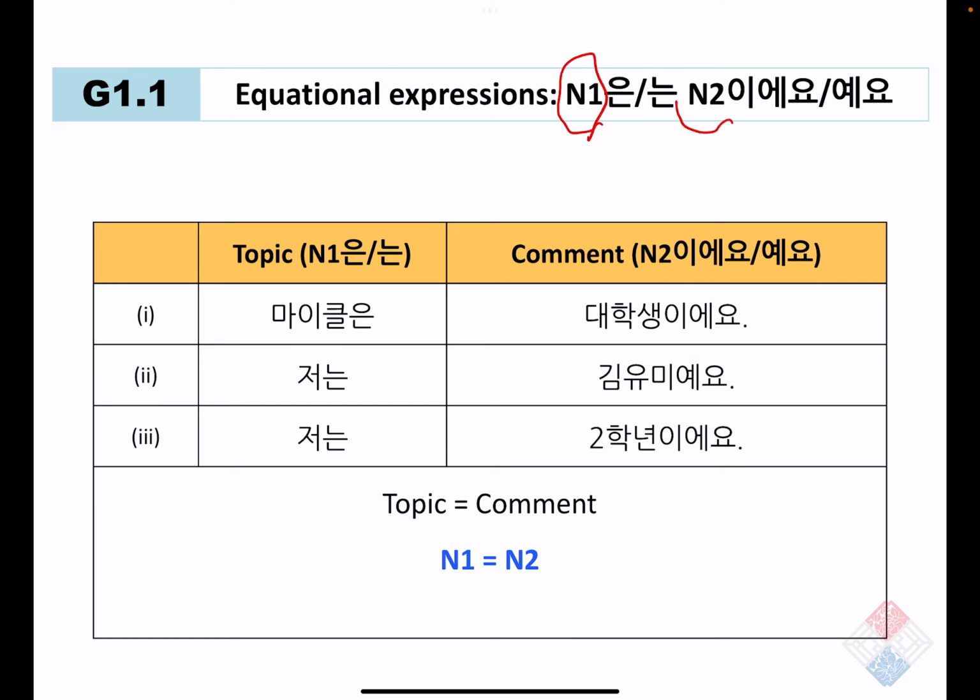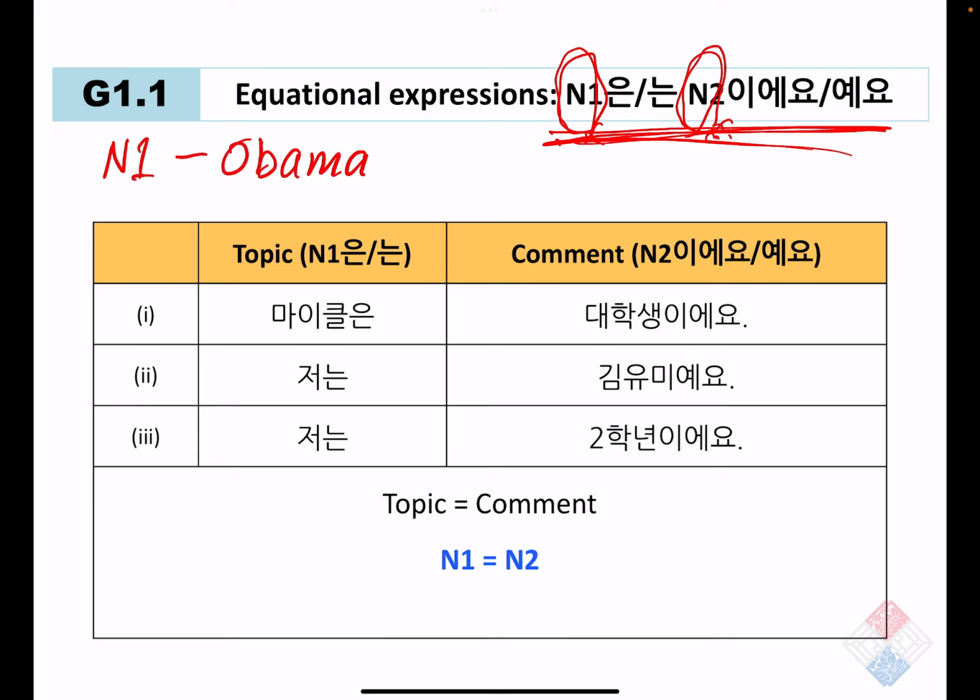This is going to be very, very important on your midterm. Equational expression: I'm going to be giving you noun 1 and noun 2, and I'll be asking you to create an equational expression. So if I give you noun 1, Obama, and then noun 2, president, 대통령.